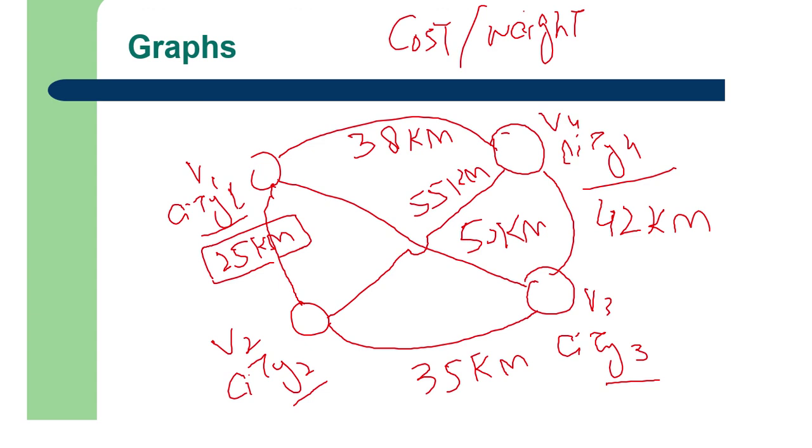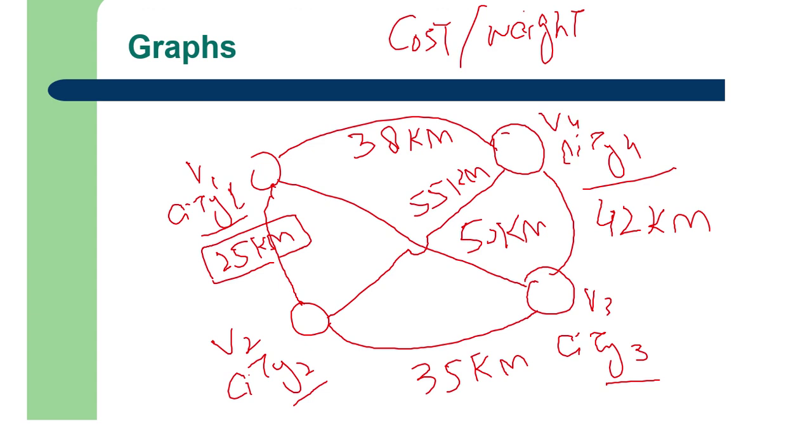So this is a weighted graph, and in this graph we have used undirected edges, so this will be called a weighted undirected graph. Up till now we have studied what a graph is. A graph consists of different vertices and edges.